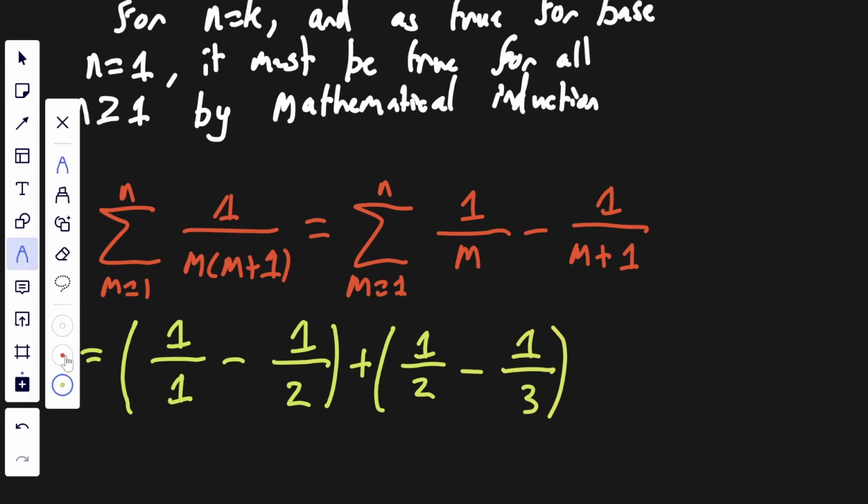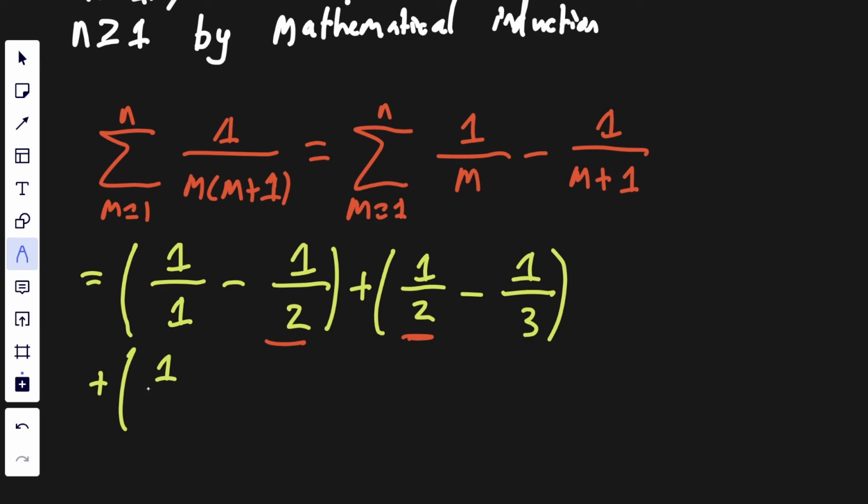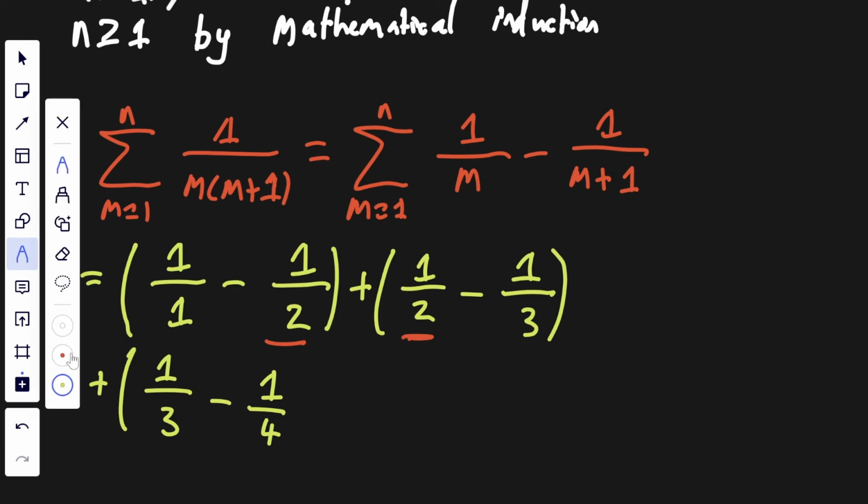Now, we're not simplifying because you can see some cancellations. Let's have a look what happens in the next terms. So plus, we're now going to have 1 over 3 minus 1 over 4. So again, this first term is cancelling. Like so. So we kind of see the pattern.